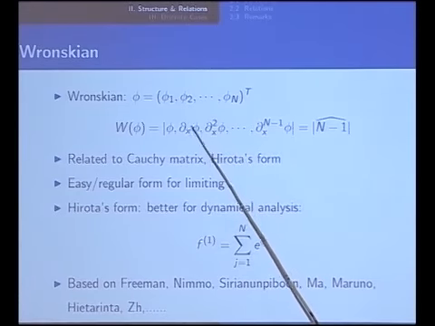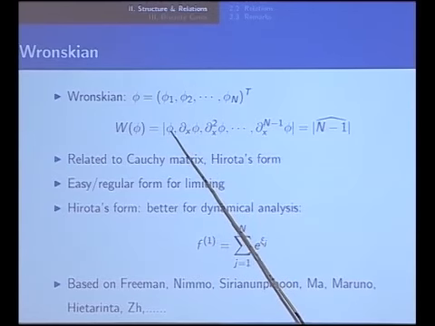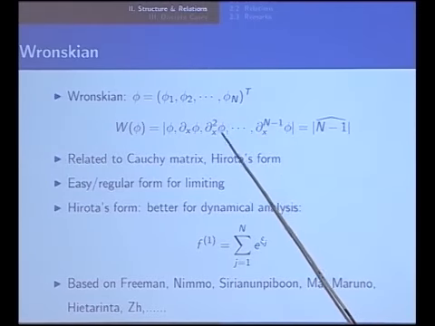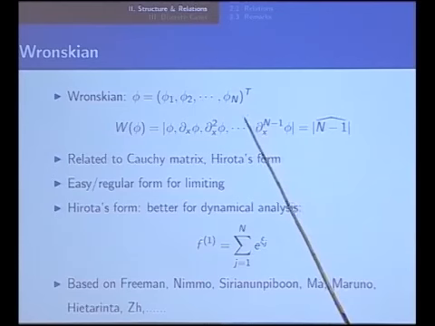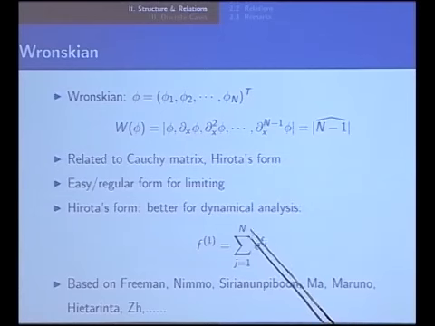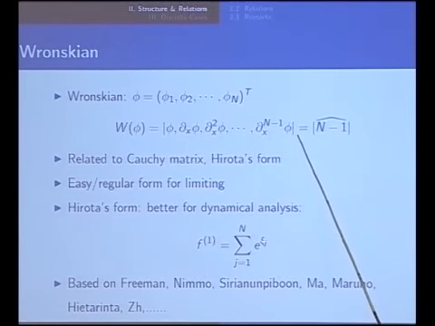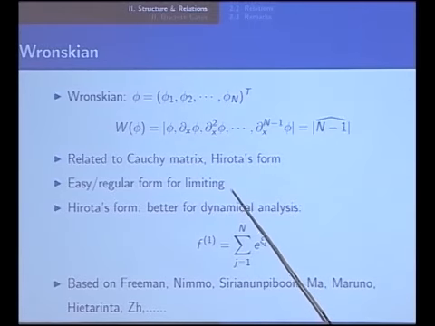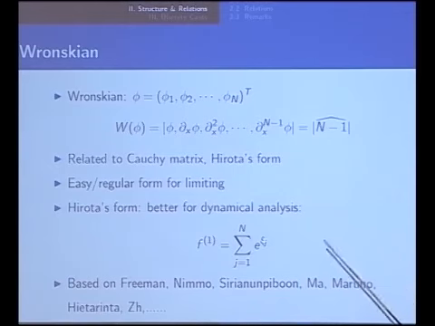We can take some factor out. Also the Wronski is in a very regular form in the continuous case, where the second column is the derivative of the first column, and then the second order derivative. With such a regular form, maybe it's easy for us to consider limits.